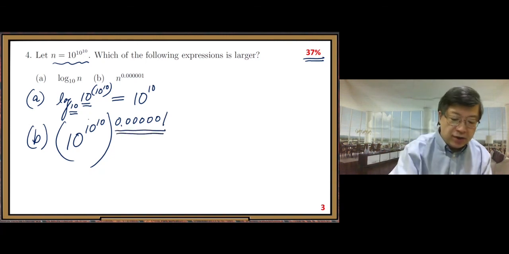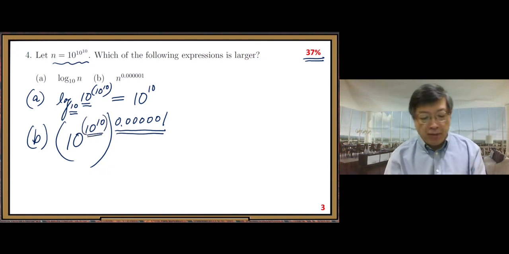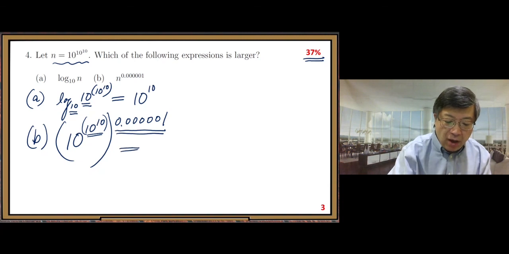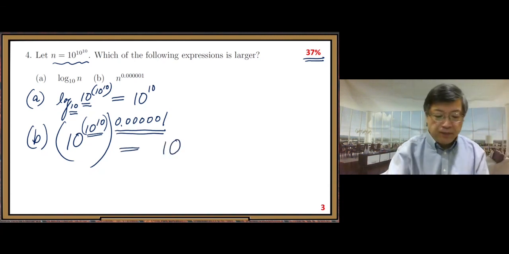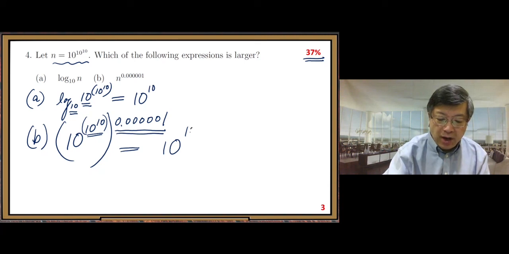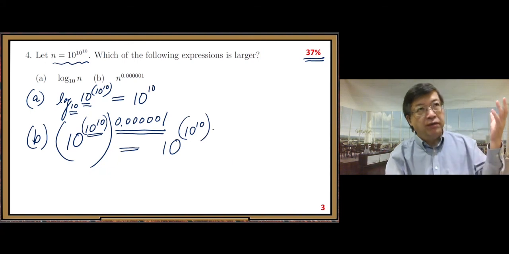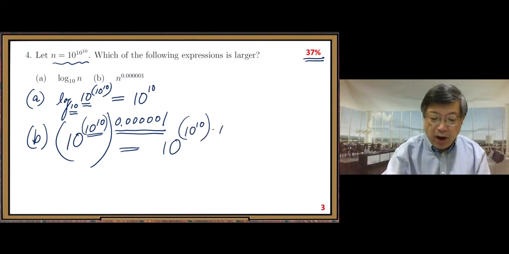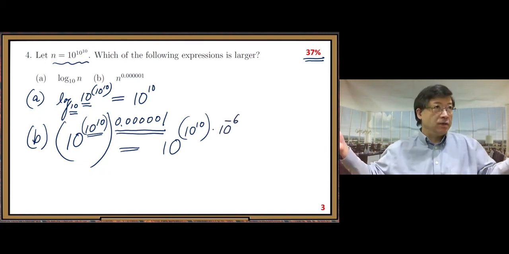This is the internal exponent number based on the property of the exponential function, the same base, but exponent number 10 to the 10th, the whole thing multiplied by that 0 point, those things. Can we write it as 10 to the negative 6th, that power? 10 to the negative 6th.